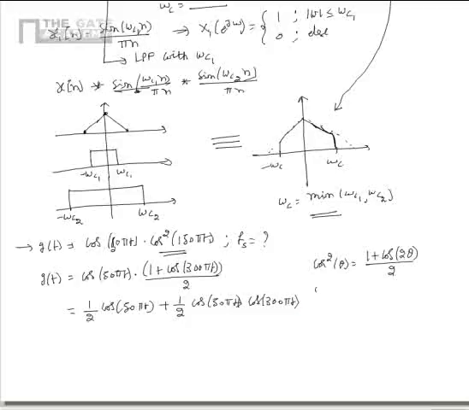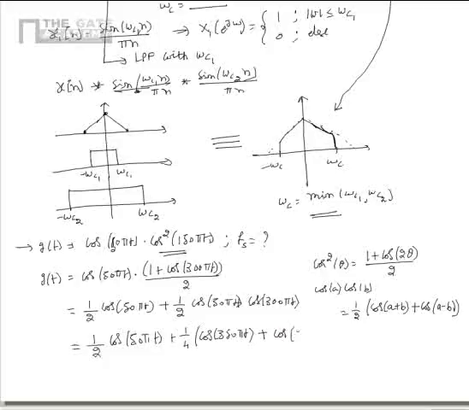We know that cos A multiplied by cos B is equal to half multiplied by cos of A plus B plus cos of A minus B. From this, we can simplify g of t further as half cos 50 pi t plus 1 by 4 cos 350 pi t plus cos 250 pi t.